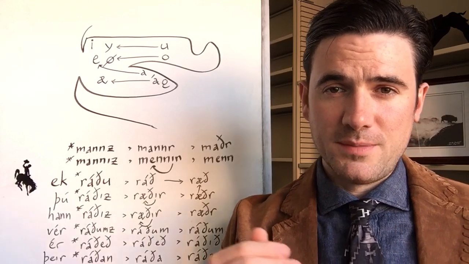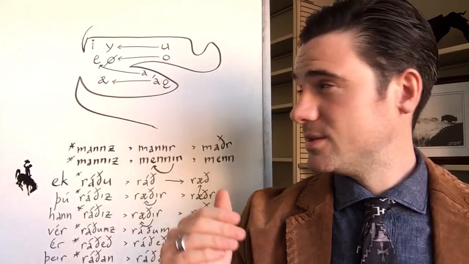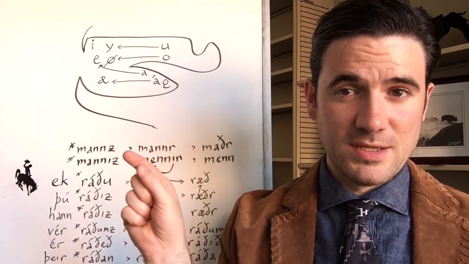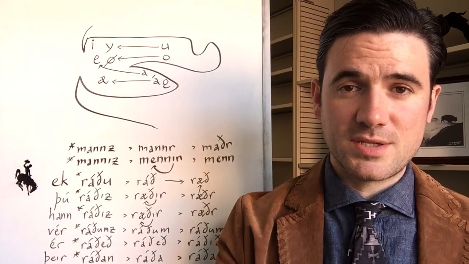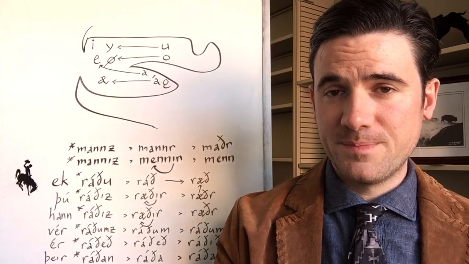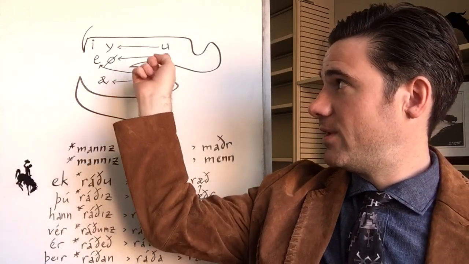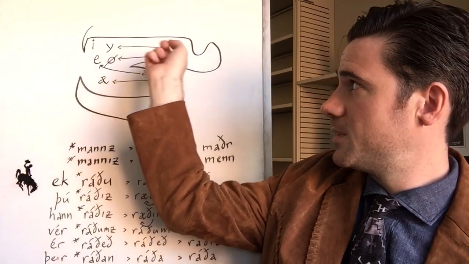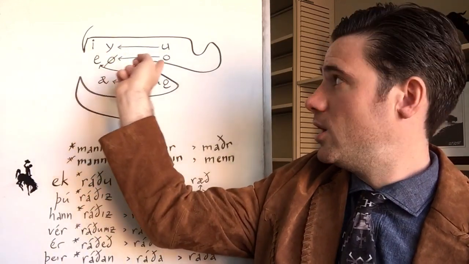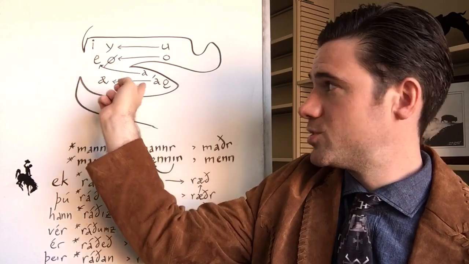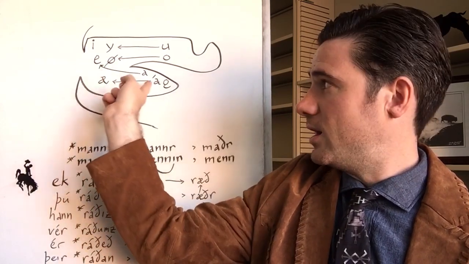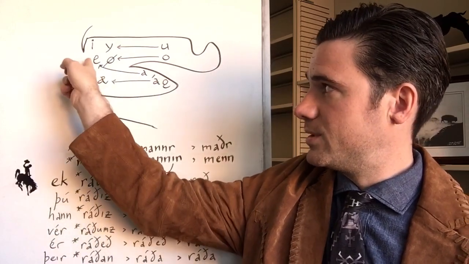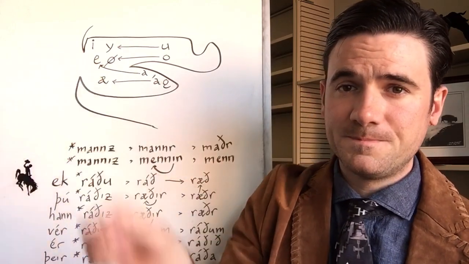So what's going on in I-mutation or I-umlaut is that the I or J that was in an ending syllable in some earlier stage of the language has moved a back vowel forward in the mouth and turned it into a front vowel. Typically U becomes Y, O becomes an umlauted O, short A becomes E, and long A becomes ash. Short O will also go with short A, typically, and become an E.